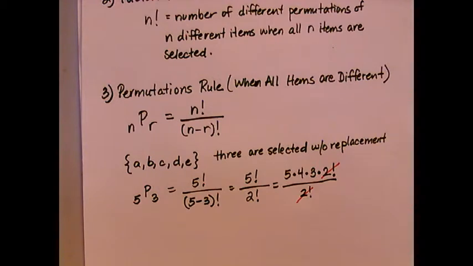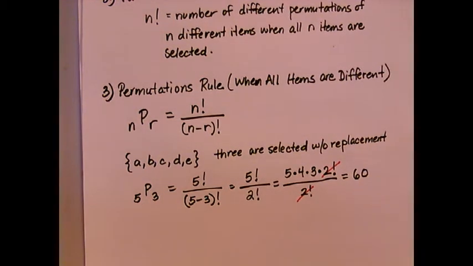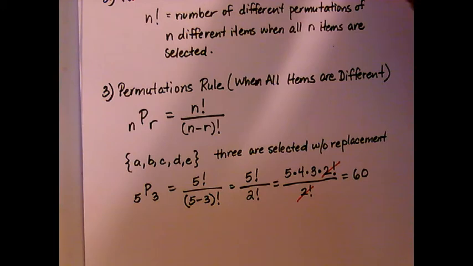So all I have to do there is just multiply 5 times 4, which is 20. 20 times 3 will be 60. Okay. So the number of different permutations here will be 60. And that's for 5 available items, and I'm choosing 3 at a time without replacement. Okay. So that's an example of the permutations rule, when all the items are different.